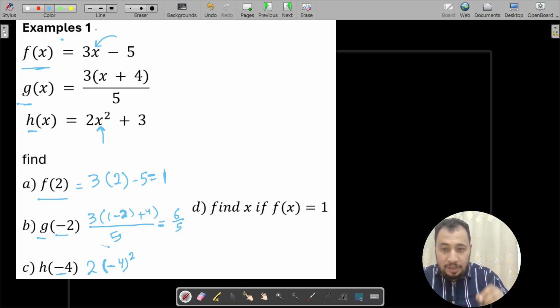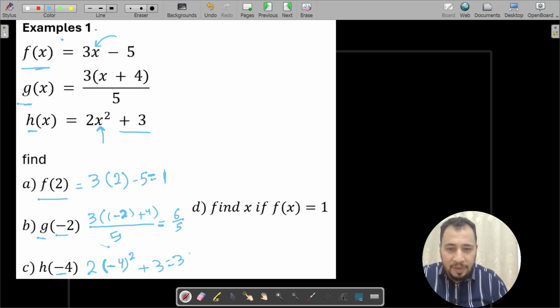Don't forget to write it in that way, and the squared is outside the brackets. Then plus 3. Here this is going to be 2 multiplied by 16, which is 32. 32 plus 3 is 35.